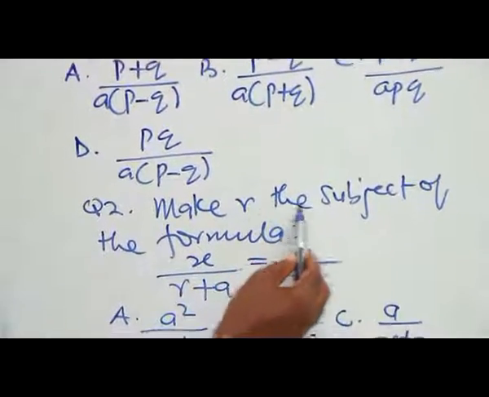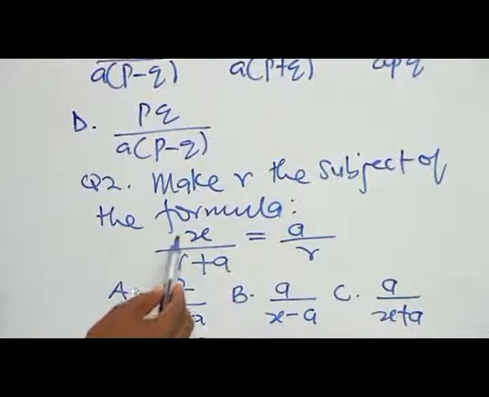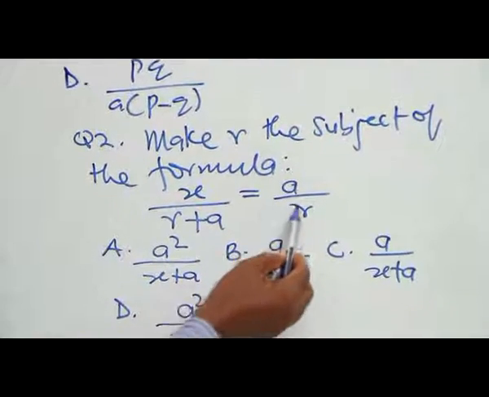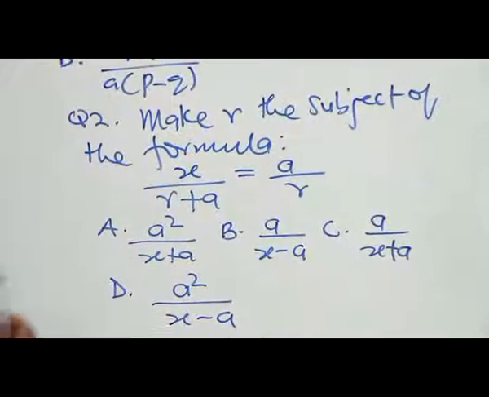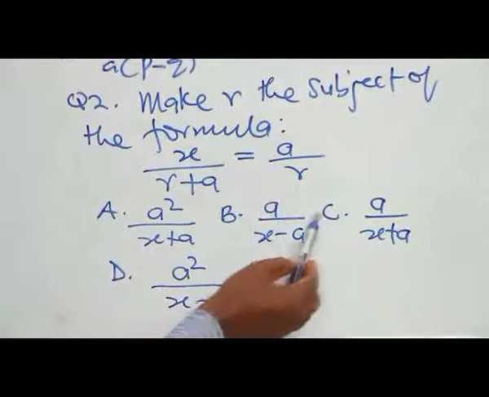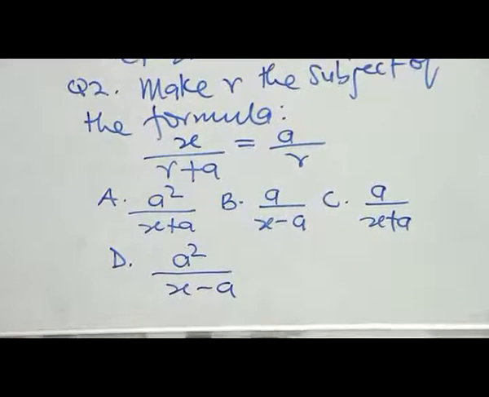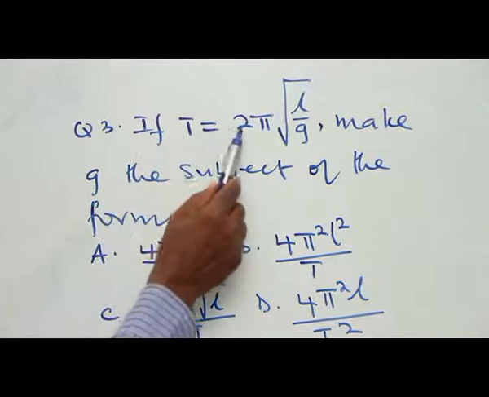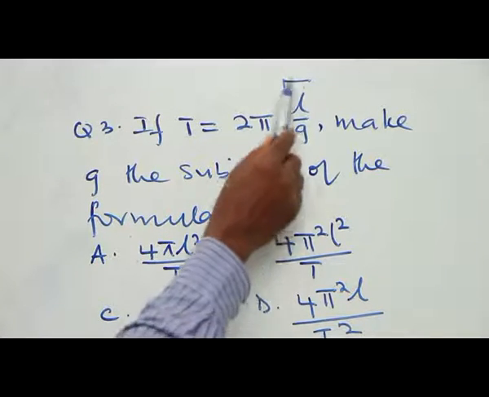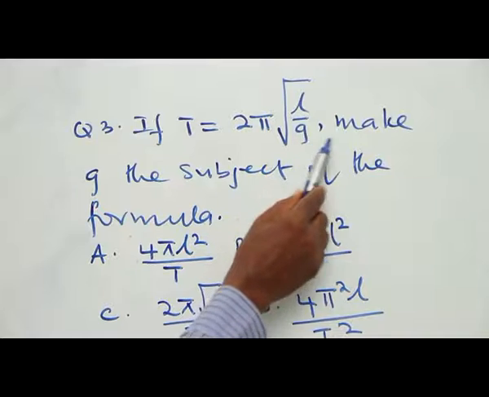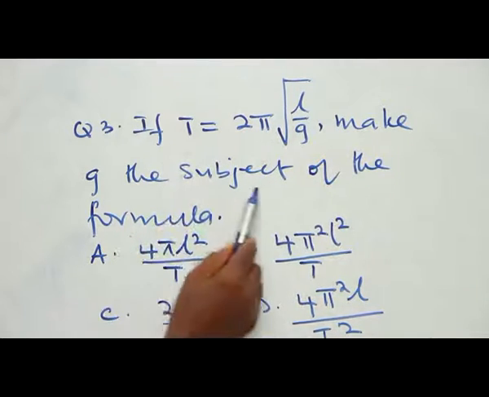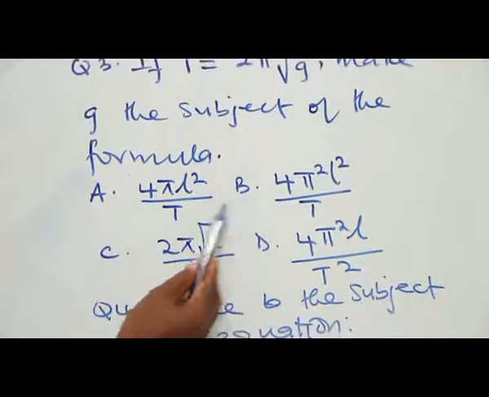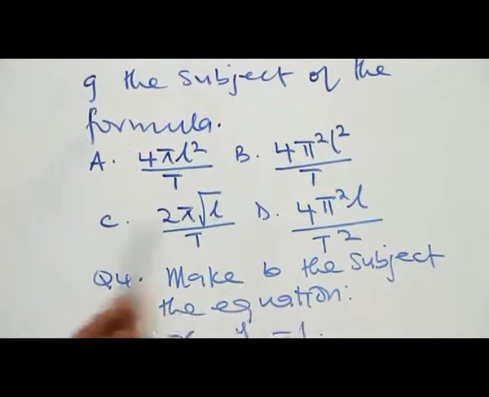Make R the subject of the formula S all over R plus A equal to A all over R. The options are A, B, C, and D. Question number 3. If T equals 2 pi into the square root of L over G, make G the subject of the formula. You have options A, B, C, and D.